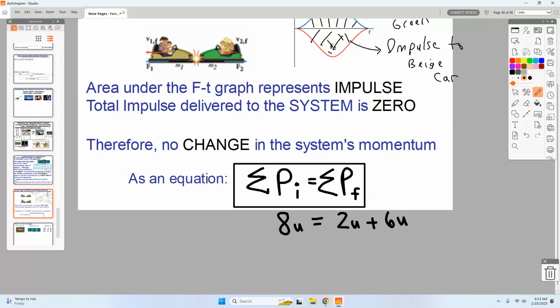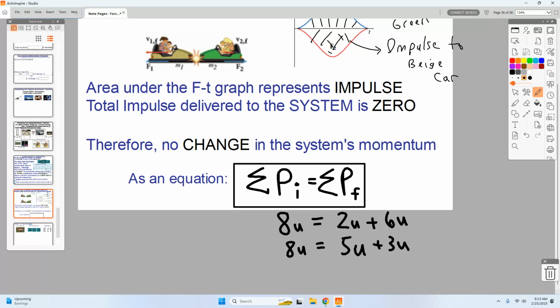What if the cue ball came in with 8 units of momentum, and when it hit, it continued moving because it had so much mass, with 5 units? The other one must now have 3 units. So the idea in theory is really simple. Whatever I start with is what I end with.